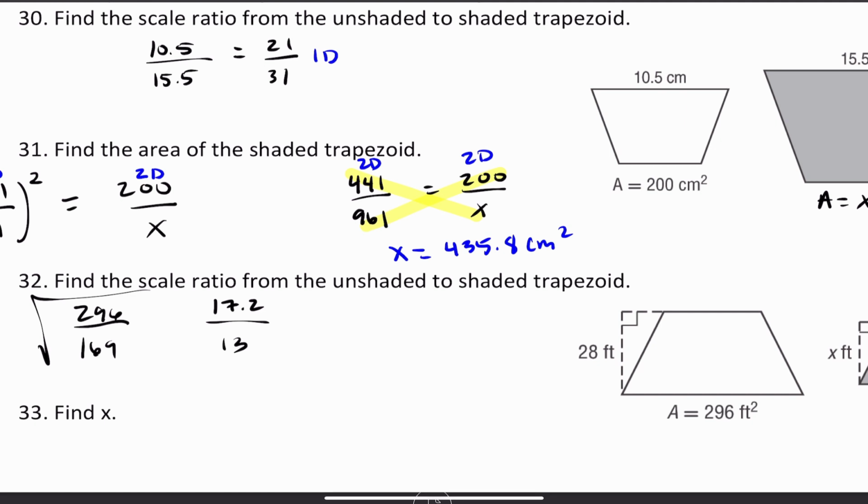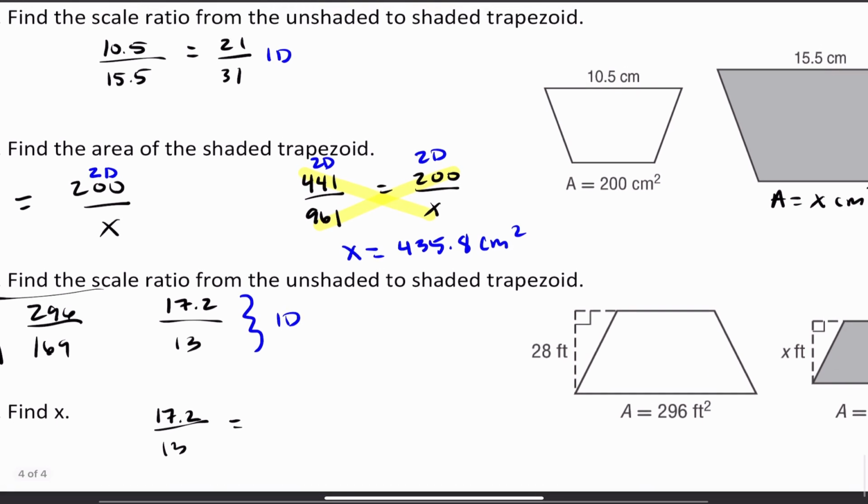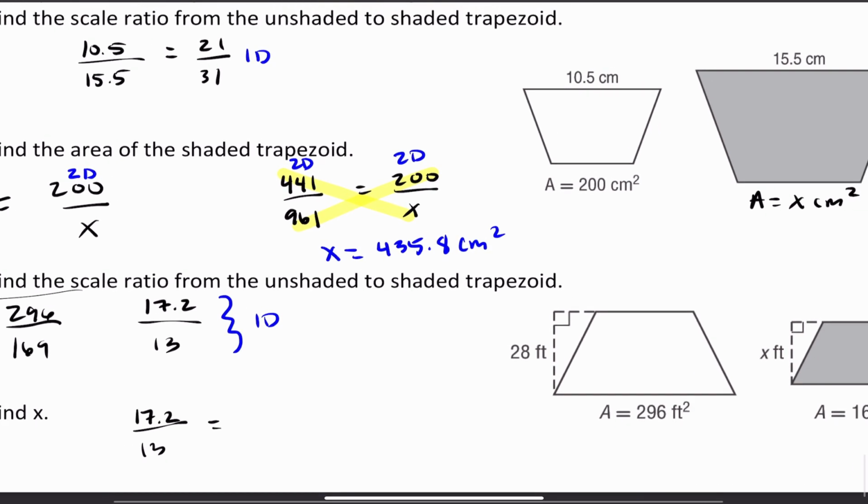All right. This is currently one-dimensional. So I write 17.2 divided by 13, which is equal to, okay, so 17.2 came from this 296, so this 28 should also be up top. So 28 over x.